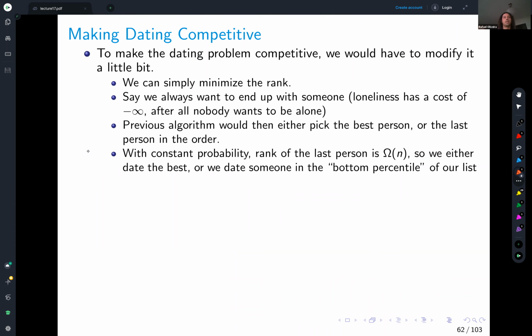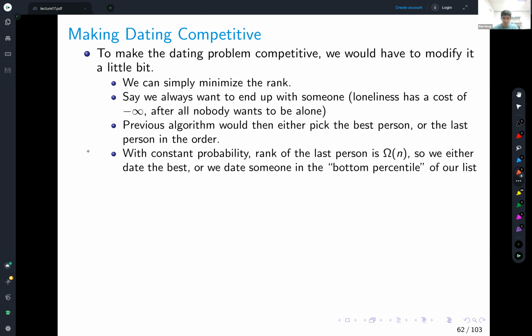So with the algorithm we described before, we either end up with the best person, or we date someone in the bottom percentile of our list. With probability 1/e we end up with the best person, or with some other constant probability we end up with a person ranked in the bottom half of our list.